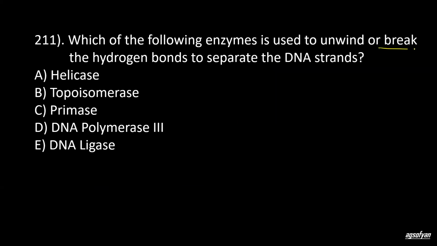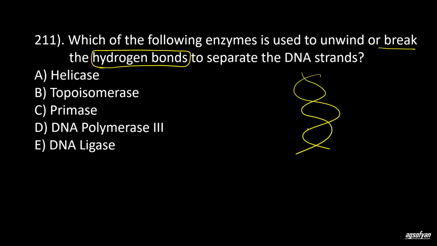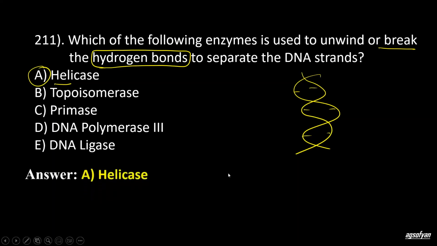To break the helix, which is held together by hydrogen bonds, we need helicase. That's very straightforward. Helicase is the one that breaks the helix, which is breaking the hydrogen bonds. So when it is broken, the DNA will be separated like this.